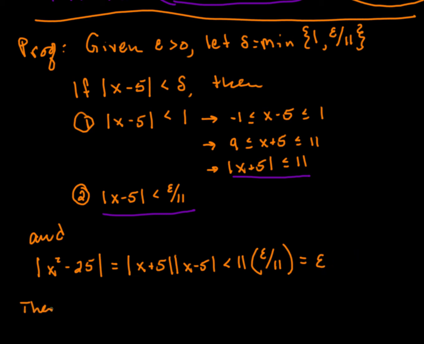Therefore, the limit as x approaches 5 of x² is equal to 25.